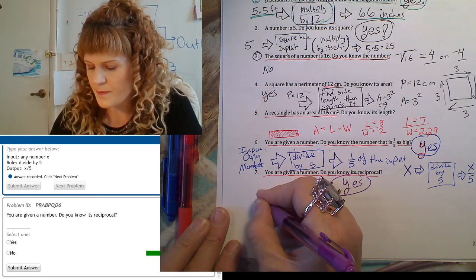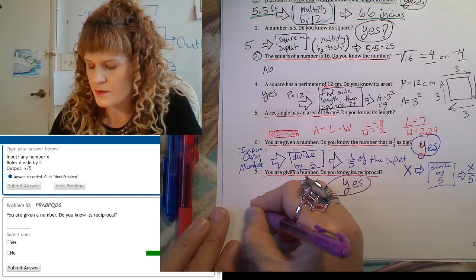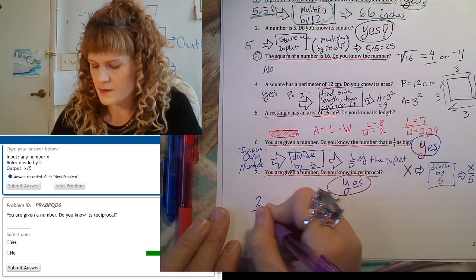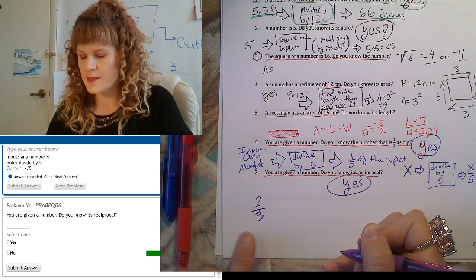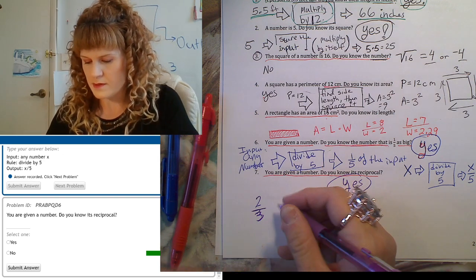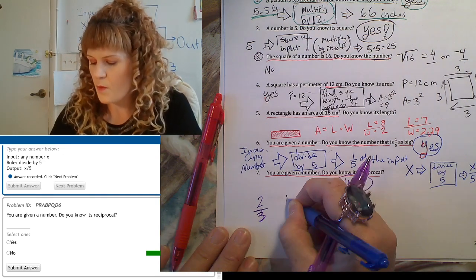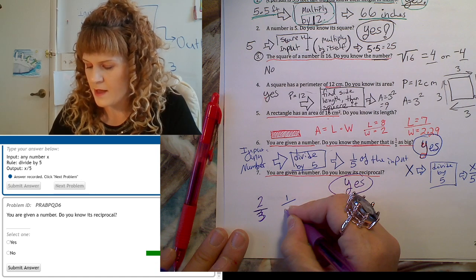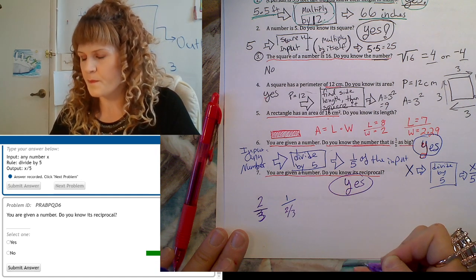For example, how about the number 2/3? The reciprocal of 2/3 is 1 divided by 2/3.